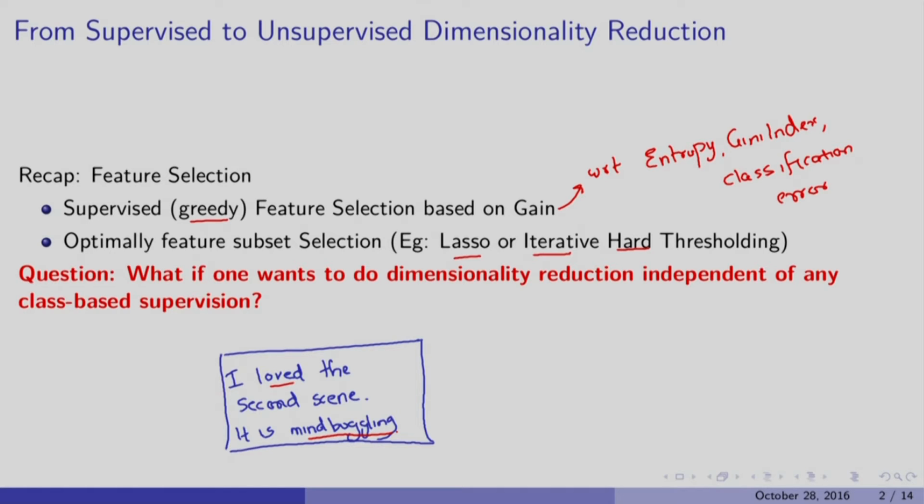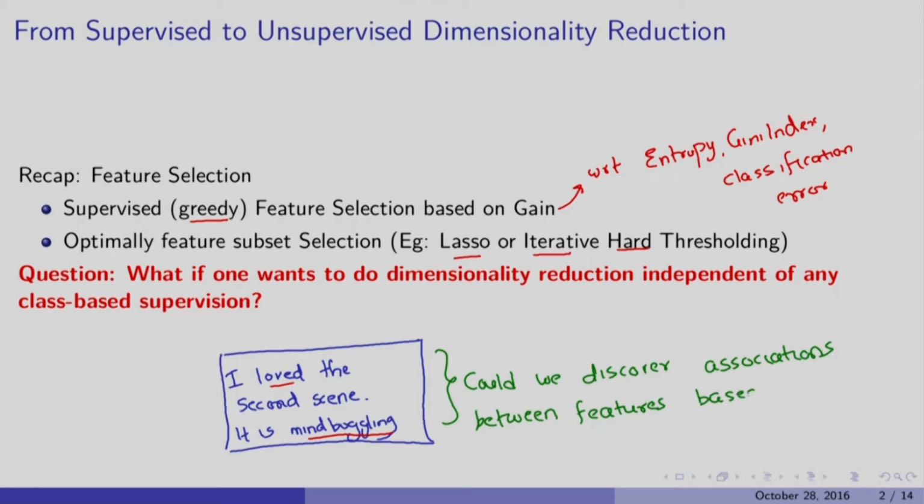Could we discover their association based on their co-occurrence? Could we discover associations between features based on their co-occurrence?